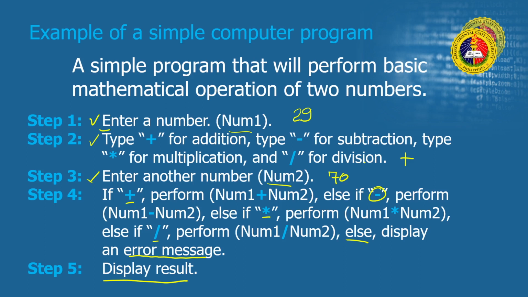But if ni-enter siya og minus, then perform 29 minus 70. If ni-enter siya og asterisk, then perform 29 times 70. Else, if ni-enter siya og slash, then 29 divided by 70. But if ni-enter siya og any other symbol, then display an error message. You can set the error message on your own. It would be totally up to you. Okay, so for example, butangan na to ko ang error message is just error.